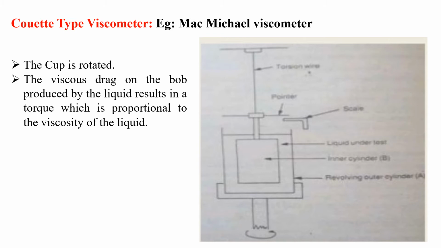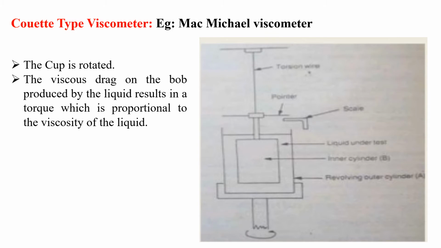That resistance, or the viscous drag, will be experienced on the surface of the bob. This is easily read as torsion, nothing but the force acted upon the bob, that can be easily seen.